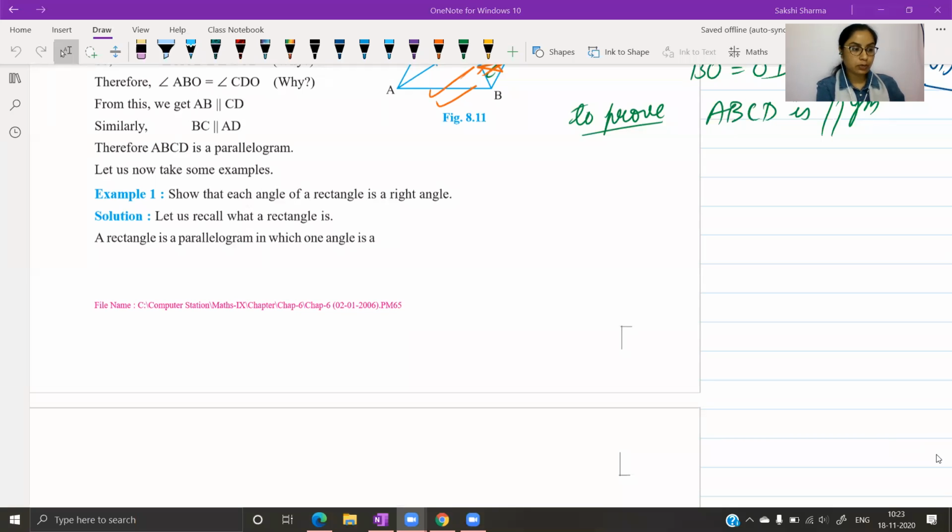Example 1 is on page number 141. Yes, beta, you can keep those questions or queries noted down. Tomorrow when we have class, we will discuss those, or you can just send me a message. I think there are common doubts if I look at the assignment of chapter number 2.